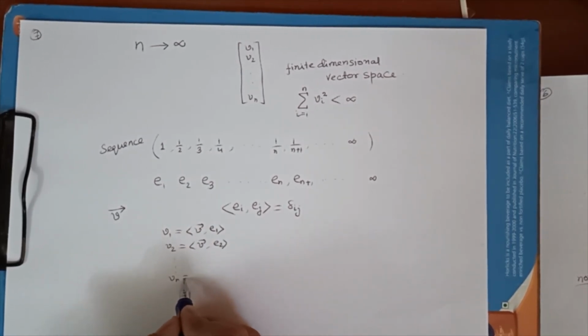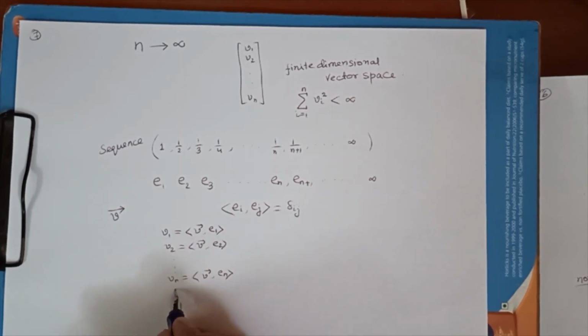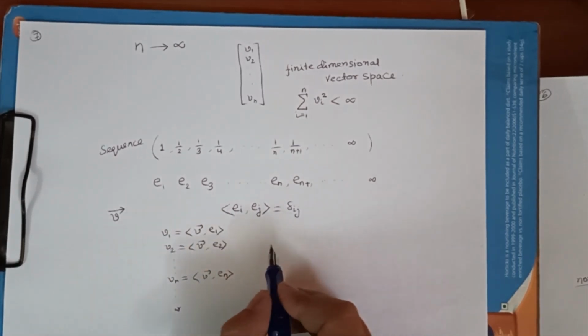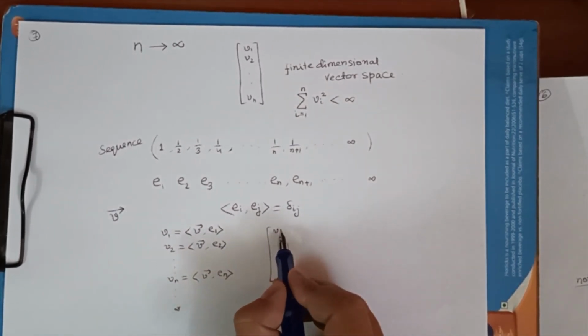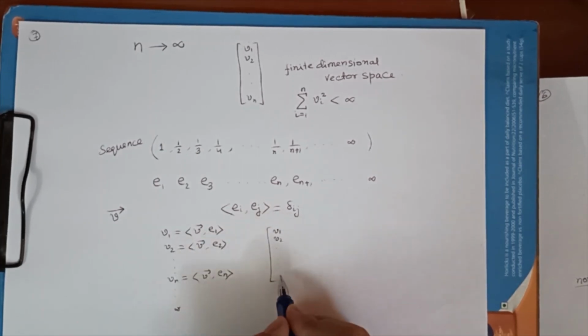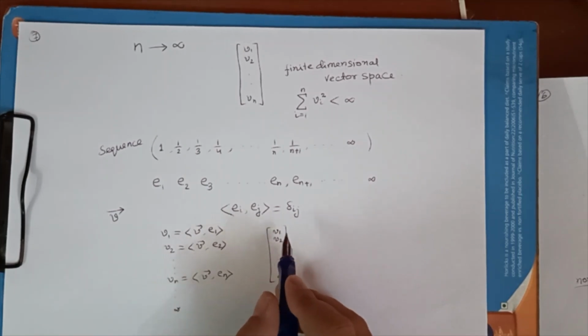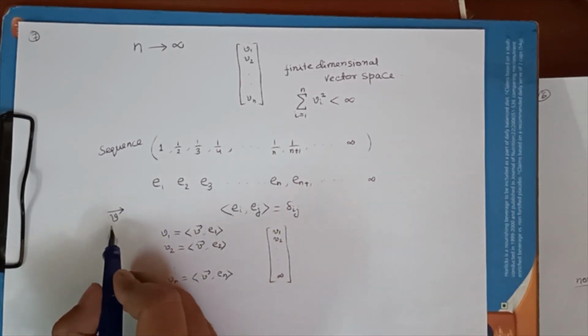Your vn will be v and en, the inner product, and it goes on forever up to infinity. That representation, which is like a sequence, v1, v2, and so on, will be a contender for the coordinate system for that infinite dimensional vector.